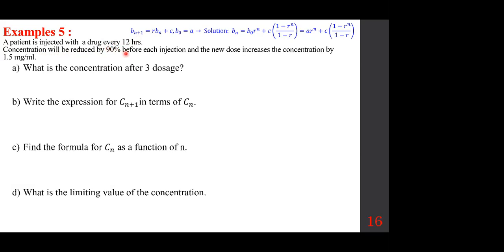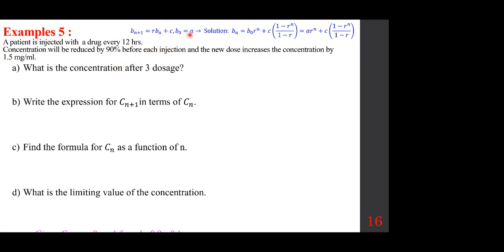And then what happens? The new dose is given, and that's a constant amount, lowercase c, of 1.5 milligrams per milliliter. Dealing with the patients, B sub 0 equals A. In this case, we say C sub 0 equals A. It's always 0.